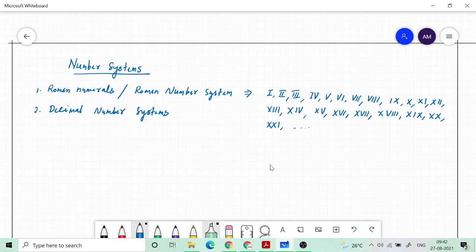Now this will run into problem after some time. When you reach say XXX, maximum you can use 3 times. So the rule says that the numbers corresponding to 1, 10, etc. can be used 3 times. So here we have exhausted, and then after that you can have say IX, so this is basically 39.